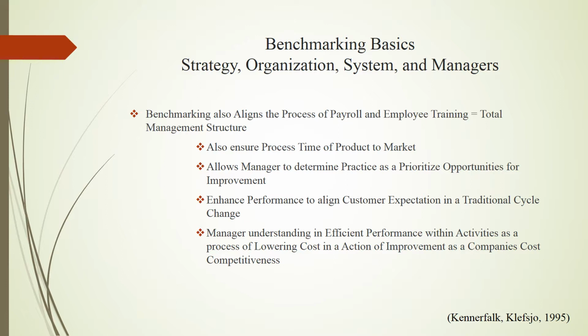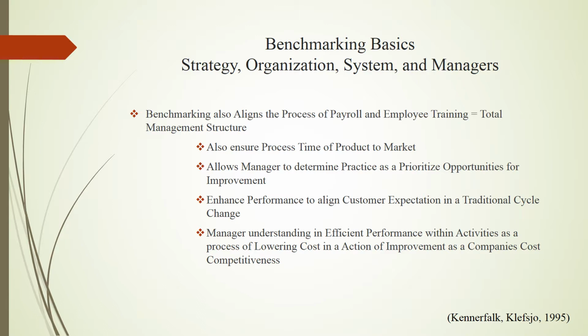Cycle changes will happen because technology changes and the times are changing, and the organization needs to be able to move forward and change along with different and better strategies. Managers understand the efficiency as far as performance and activities, as they move forward and try to achieve lower cost and improvement within their action plans.